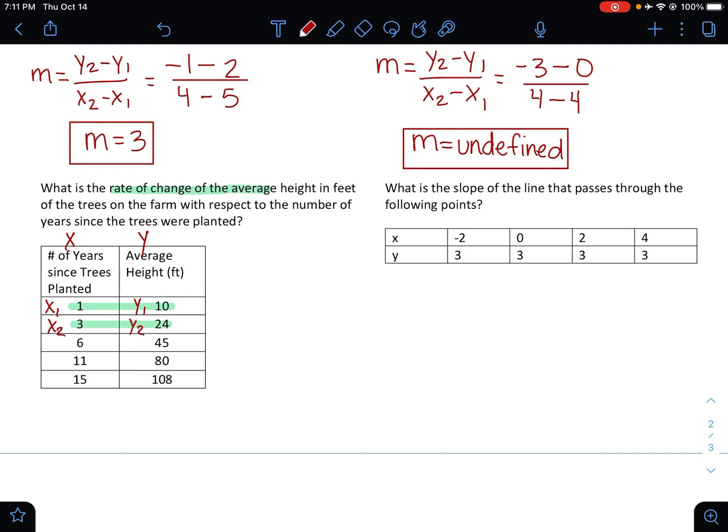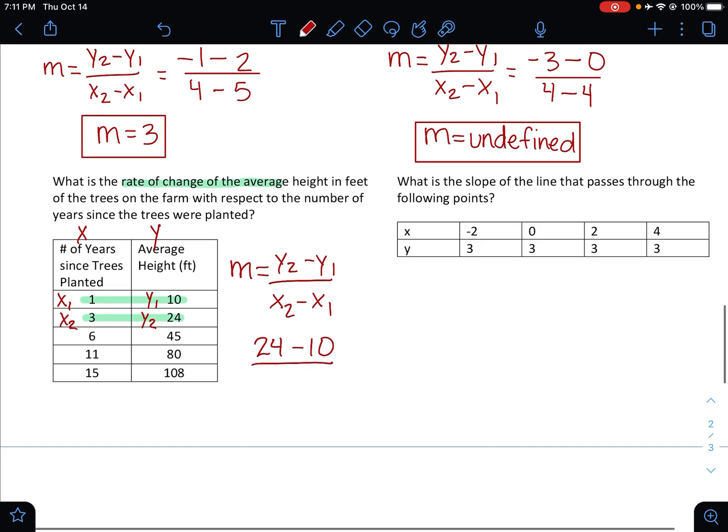So I'm going to go ahead and write out my formula. M equals y sub 2 minus y sub 1 over x sub 2 minus x sub 1. And I'm going to plug in my values. So I have 24 minus 10 over 3 minus 1.